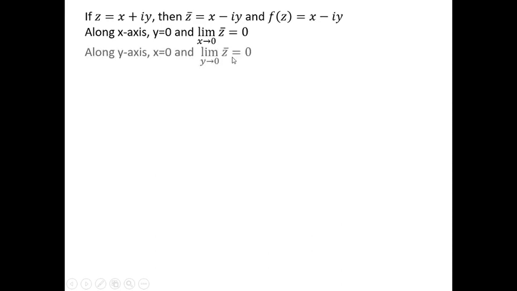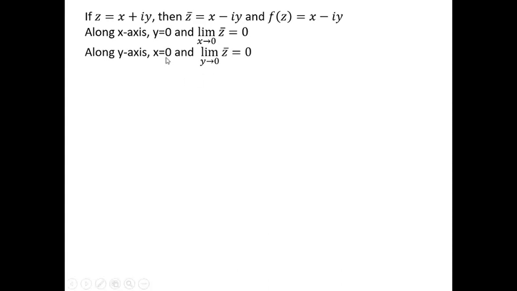Let us consider here z is equal to x plus iy and z bar is x minus iy. Therefore, f(z) is x minus iy. Apply the limit. Along the x-axis, y is equal to 0. Therefore, limit x tends to 0 of x is 0. Then consider the y-axis.